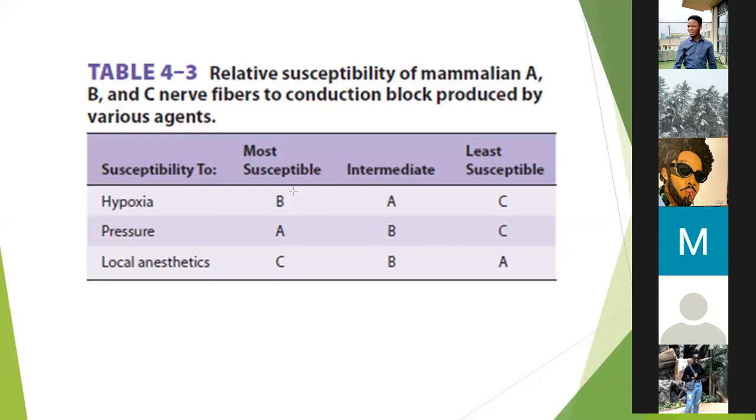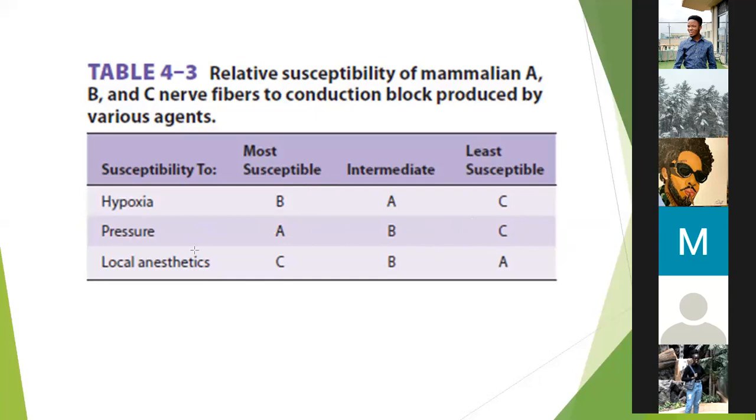So the most susceptible will be the A fibers, the least susceptible are the C fibers. You still have that dull pain. The sharp pain is usually not there. Now, local anesthetics.